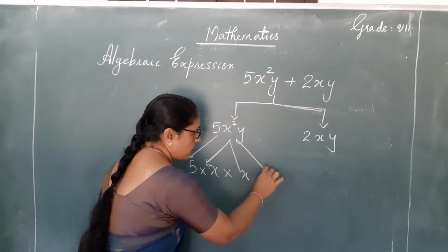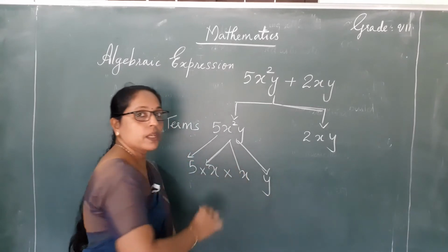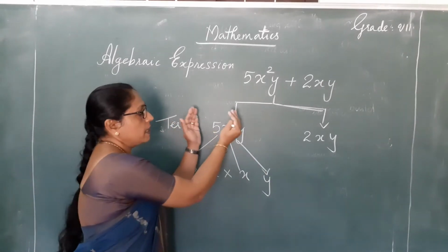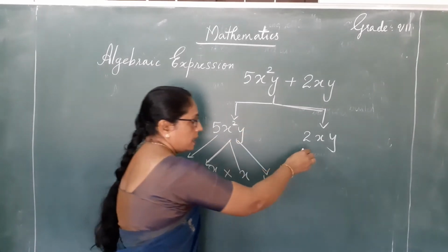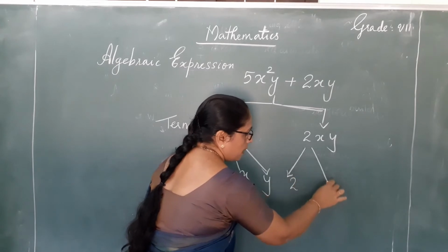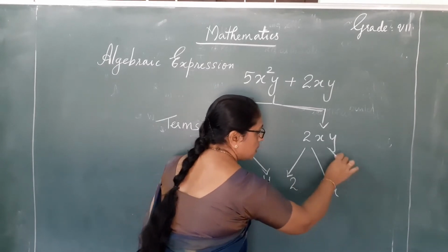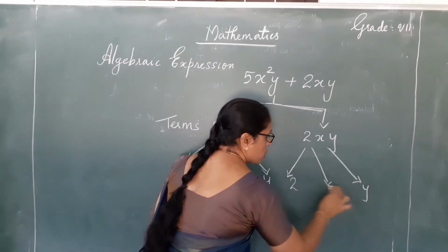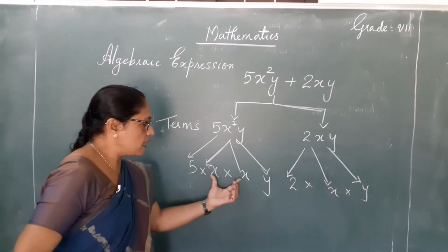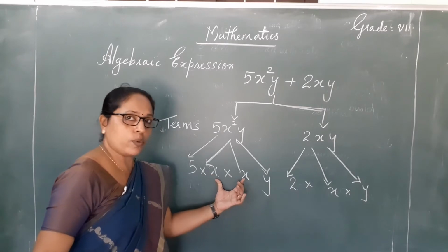Then the next factor, y. When you multiply all these factors, we get the term. In the second term, we get 2 as the first factor, x the second, y the third. So we have 3 factors here, and here also. x and x become x squared.